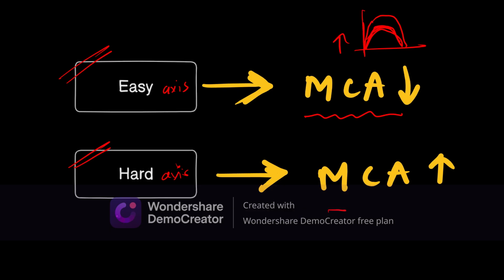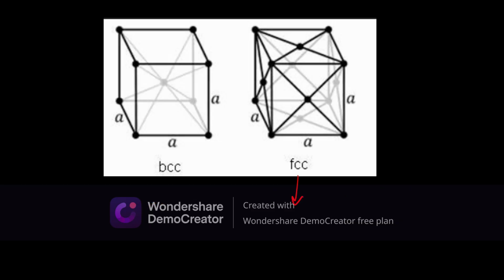Along easy, MCA is very less; along the hard axis, MCA is very high. These two things are also very important. You should remember these two things.